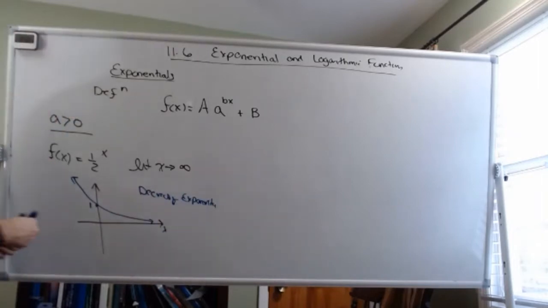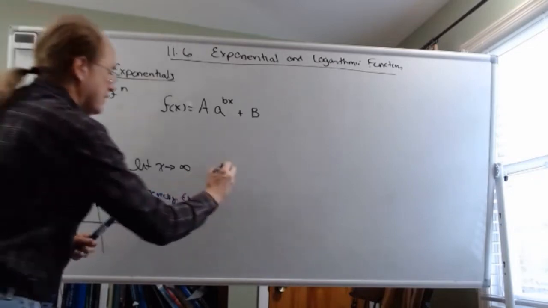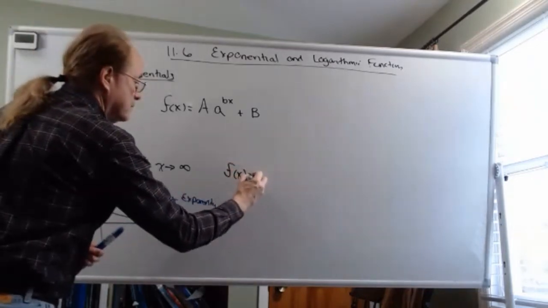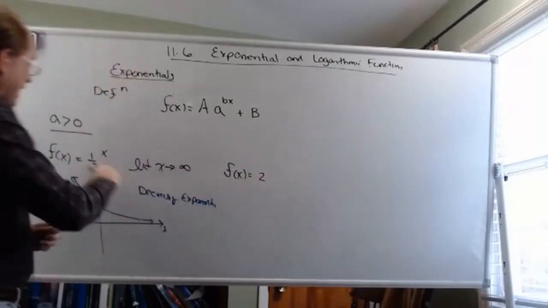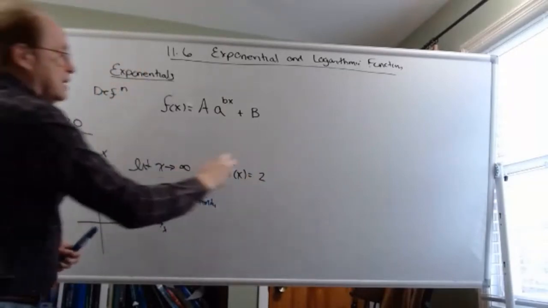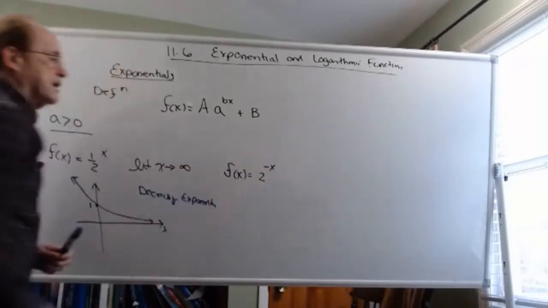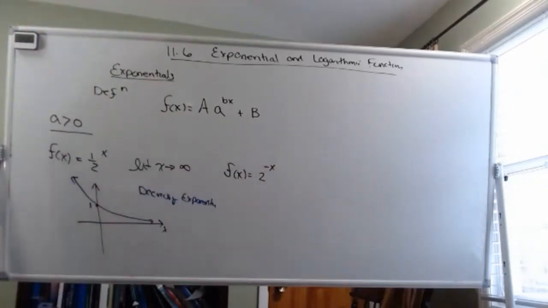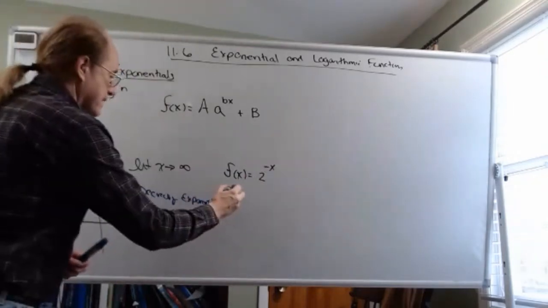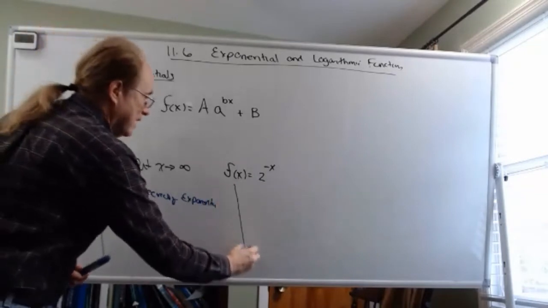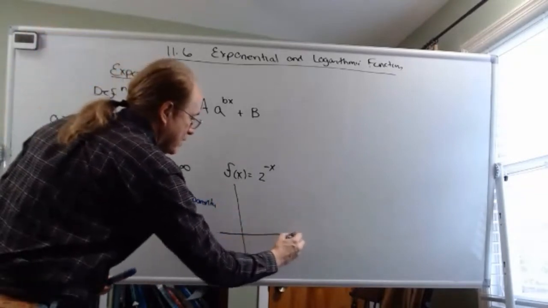Now, what if I take something like this? f of x is equal to 2, so now I take a to be greater than 1, and I put a minus x. Let's take a look at the graph of that and see what happens. Again, I still go through that same location.